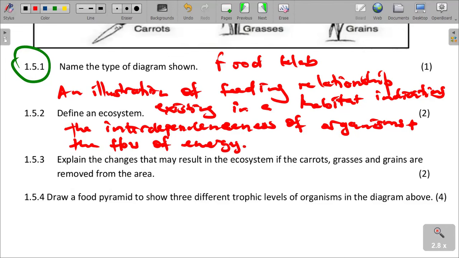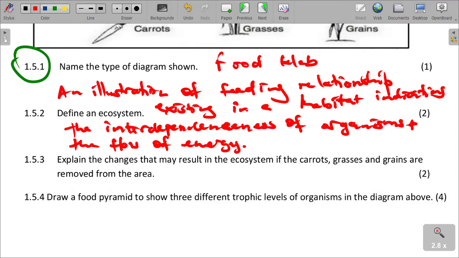We are seeing that an ecosystem shows how organisms are surviving. It should be in a particular area, in a particular habitat, which can be either a forest or a water resource, consisting of all different living organisms, both biotic and non-living, in the environment.